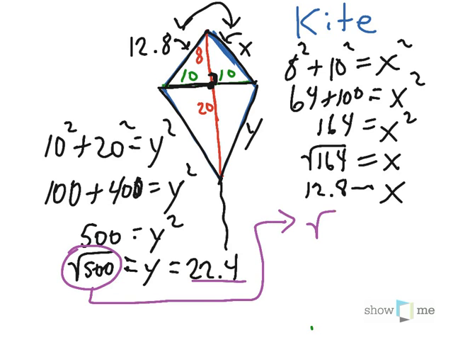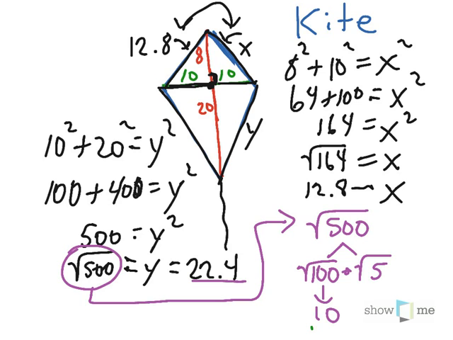The square root of 500 is the same as the square root of 100 times the square root of 5. All I did was break it into 100 times 5, which is 500. Now, the square root of 100 happens to be a whole number. That's 10. Square root of 5 is not a whole number. That's an irrational number, a decimal that goes on forever. So I'm going to write that as square root 5. I'm not going to change it.